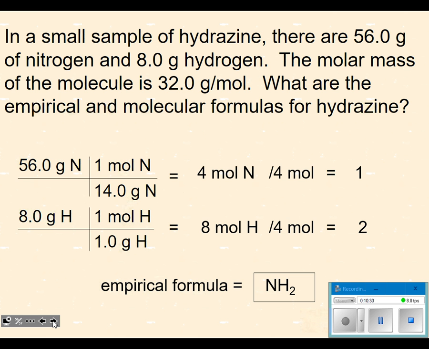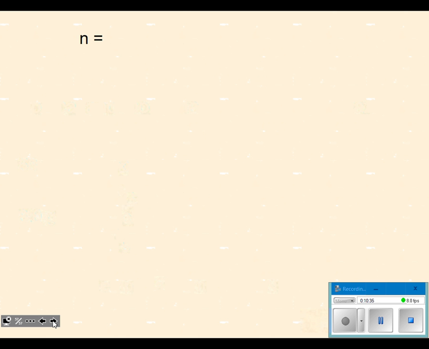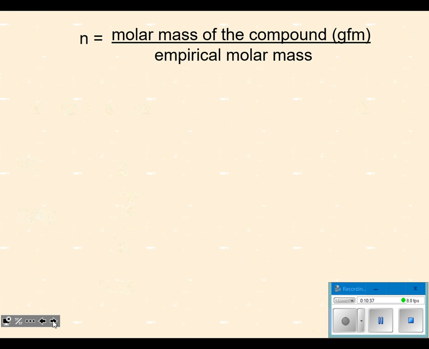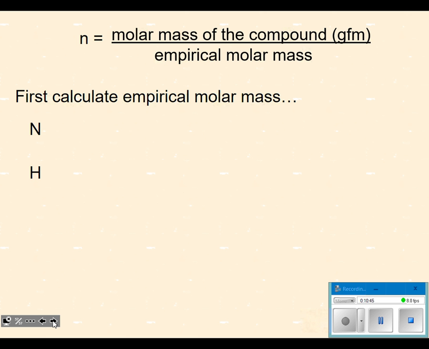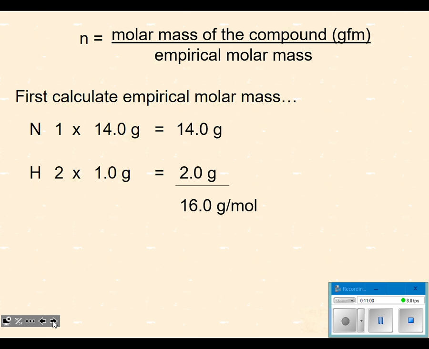Now my next question is the molecular formula. So first thing, in order to find that, I have to do my molar mass of my compound divided by the empirical molar mass. So I have to calculate the empirical molar mass. So I have N and H, and I had 1 N and 2 H's. Multiplied my N times 14.0 grams and my H by 1.0 grams. So I would get 14 and 2, and when I add those together, I get 16.0 grams per mole for the empirical molar mass.